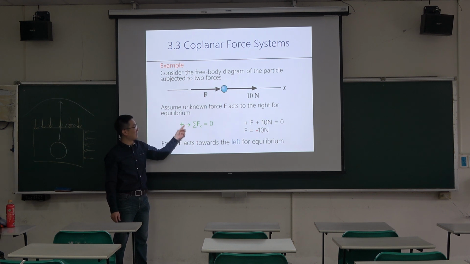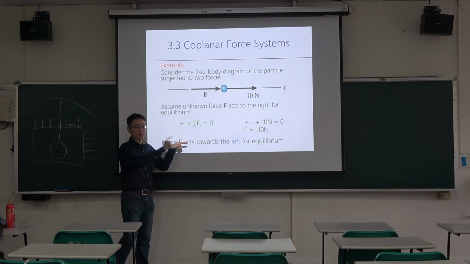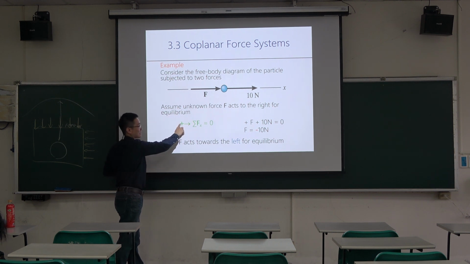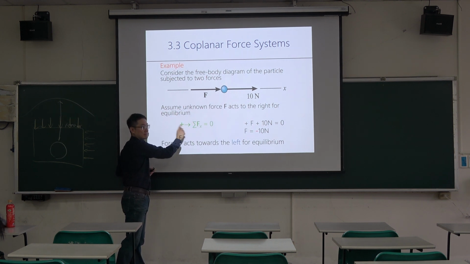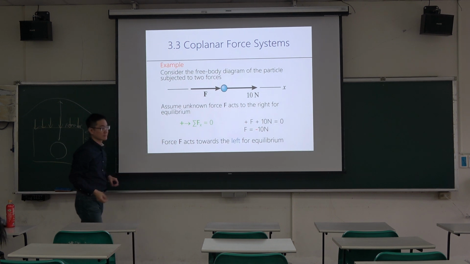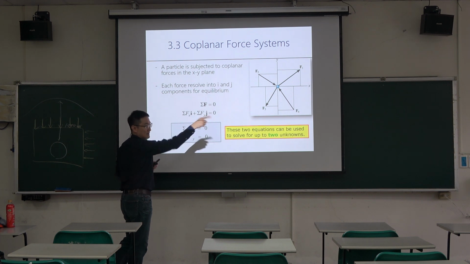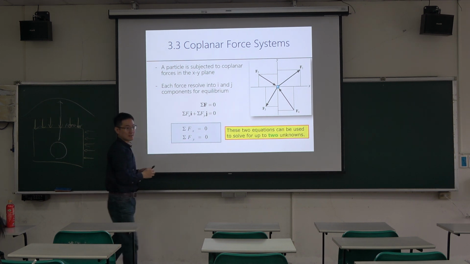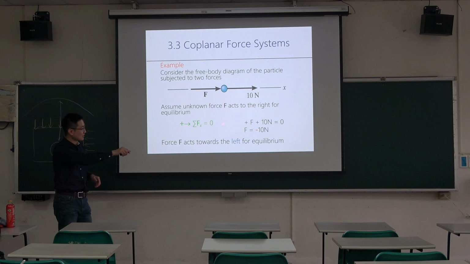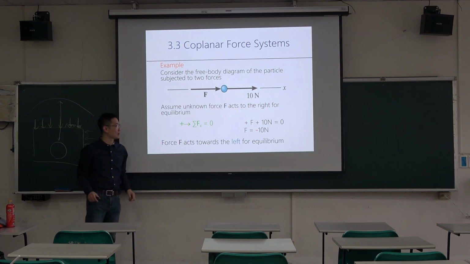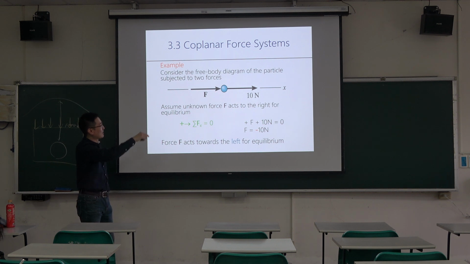And we define this direction. That's a general definition: we define right direction as positive. It's the same as how we define x and y. So x means that direction is positive, and the same, we define toward right as positive. So the summation of horizontal force equals 0.